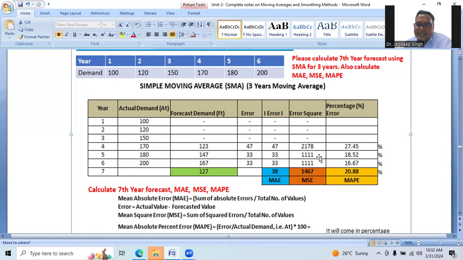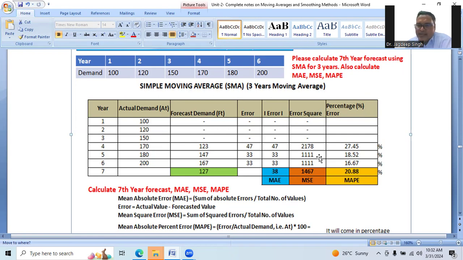Then next, percentage error. We have individually calculated the percentage error. Now we need to calculate MAPE, mean absolute percentage error. How to calculate it? We just take the mean of these absolute percentage errors.